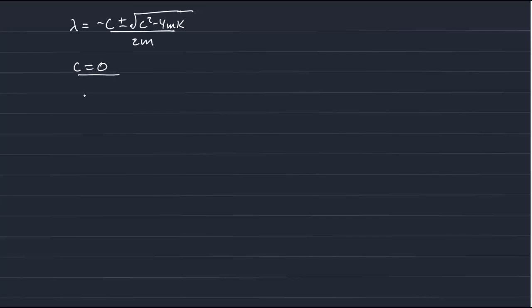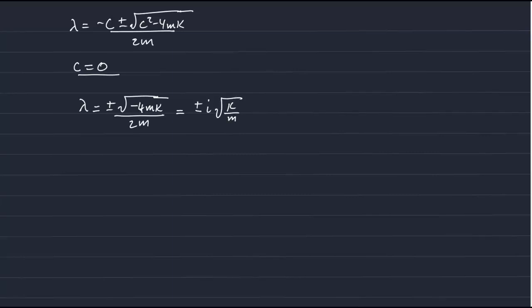In that case, we have lambda equals plus and minus the square root of minus 4mk all over 2m. Because we have a minus in the square root term, we have an imaginary solution, plus and minus i times the square root of k over m.